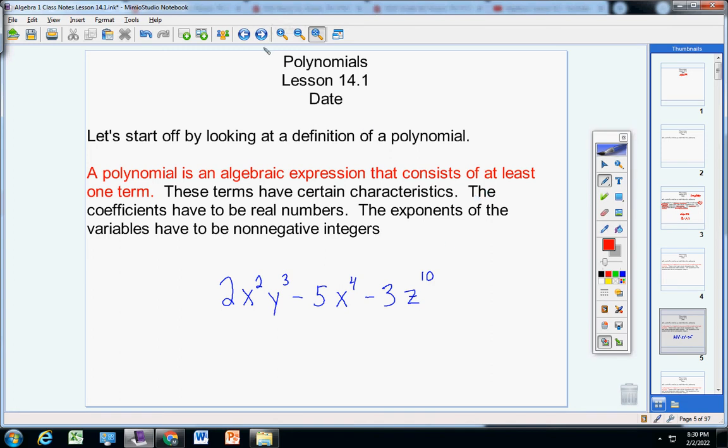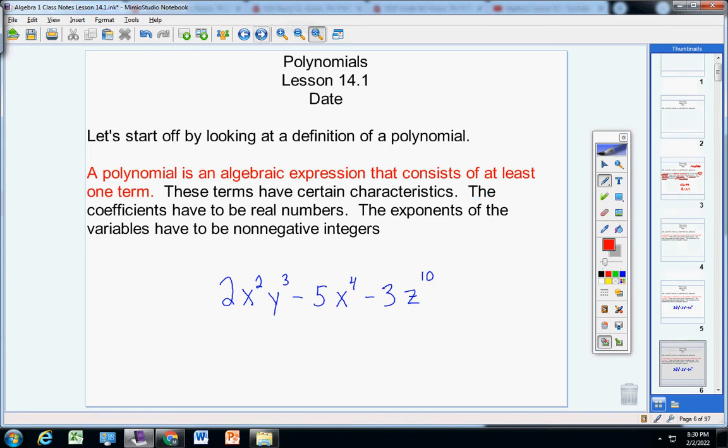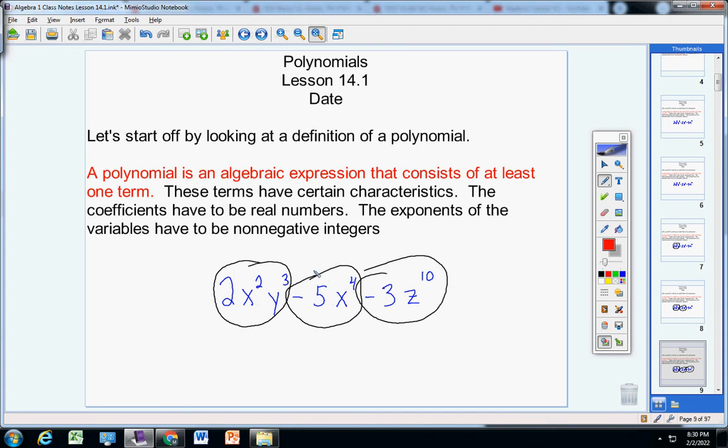In fact, it has more than one term. There's one term, there's another term, and there's another term. So this polynomial is an algebraic expression with at least one term. In this case, it has 3.